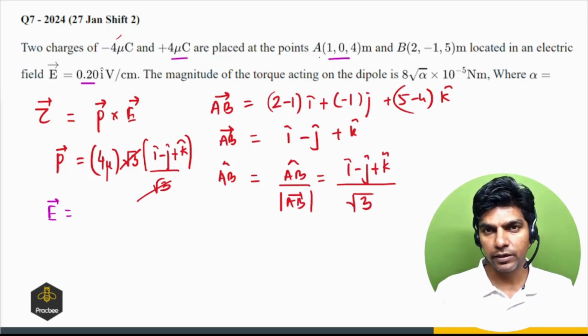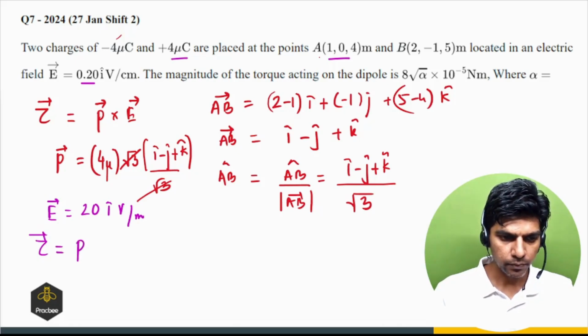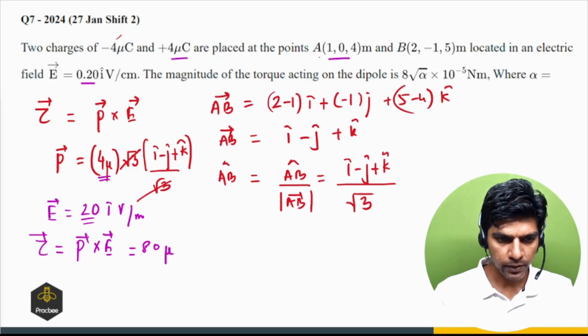So first convert that into SI units. So it comes out to be 20 i cap volt per meter. So torque will be P cross E. So this is 4 micro and this is 20, so we can say it will be 80 micro times (i cap minus j cap plus k cap) cross with i cap.